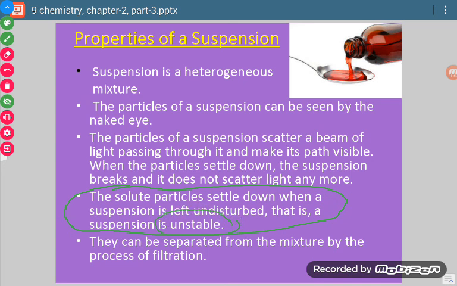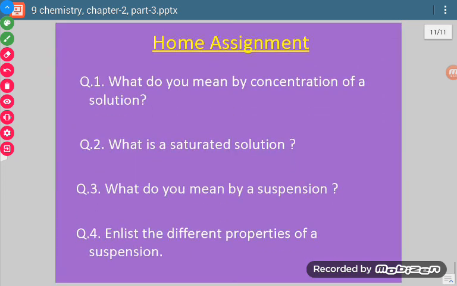Unstable means it will not stay the way we prepared it, it will change. Since the particles are heavier, we can separate them by the filtration process. So these were the properties of a suspension.